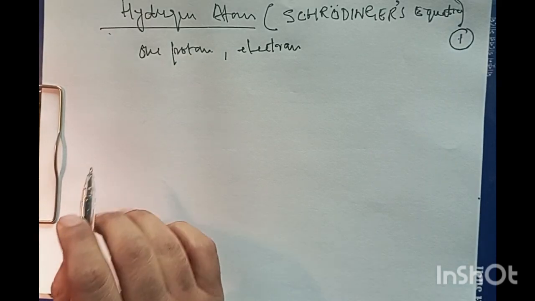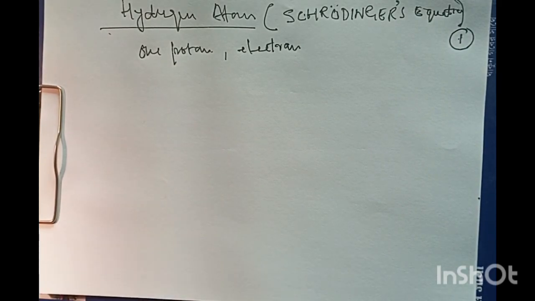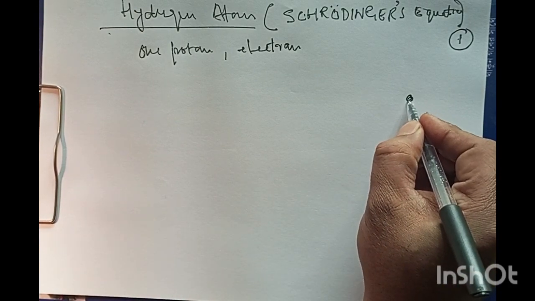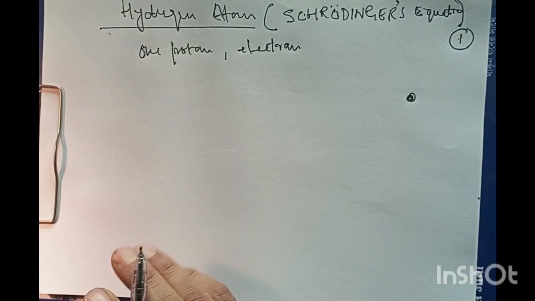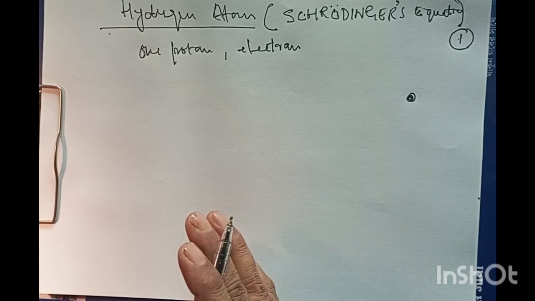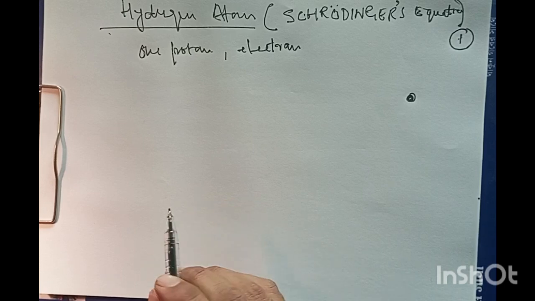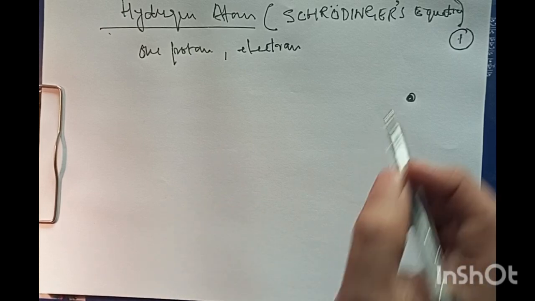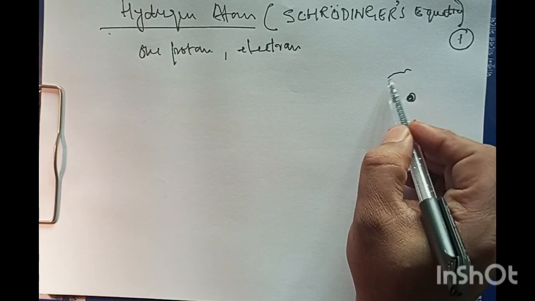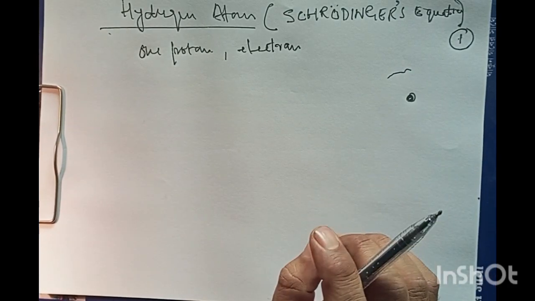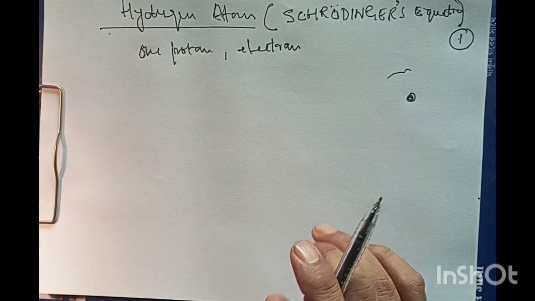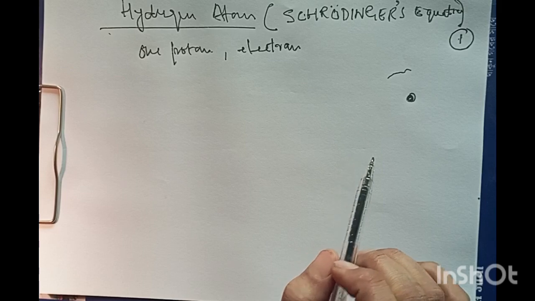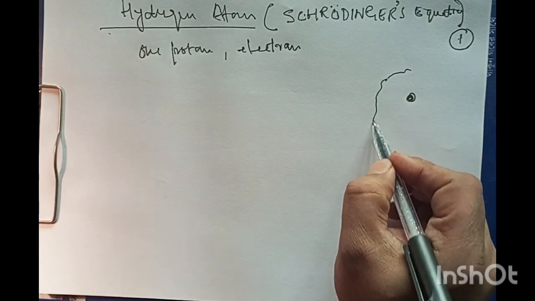For the sake of convenience, we would like to consider that the proton is stationary and the electron is moving in the vicinity. But the motion of this electron is prevented, so that the electron does not escape the nucleus.